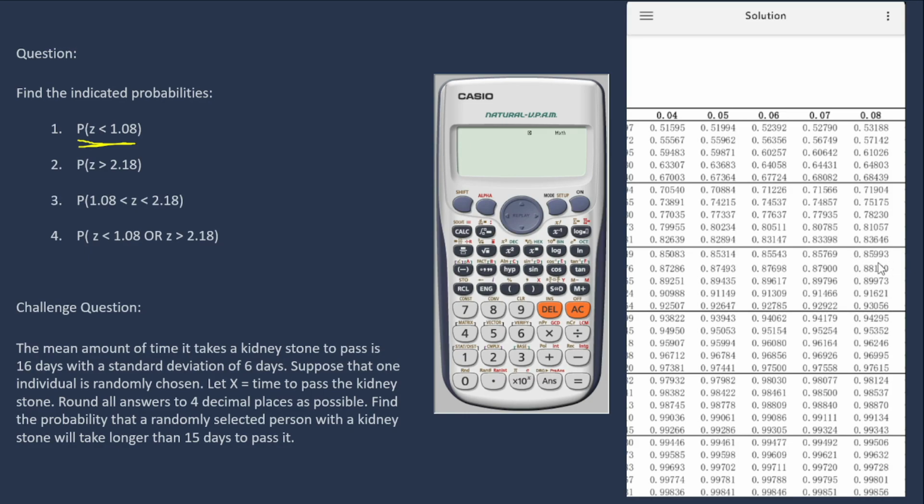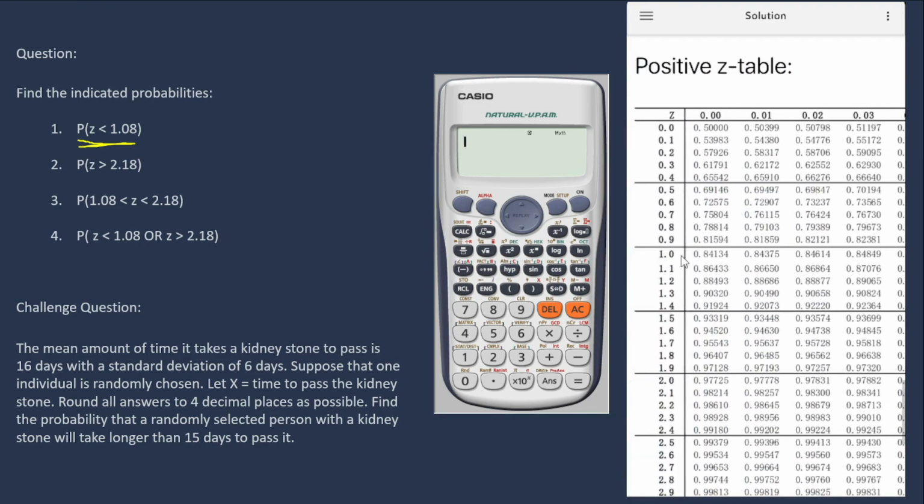So this is the probability to the left of z is equal to 1.08. So here this is the 0.08, and this is where they intersect. It's easier to locate the value in this z-table because of this line. So as we can see here, 1.0 is below the line, okay, the first value below the line.